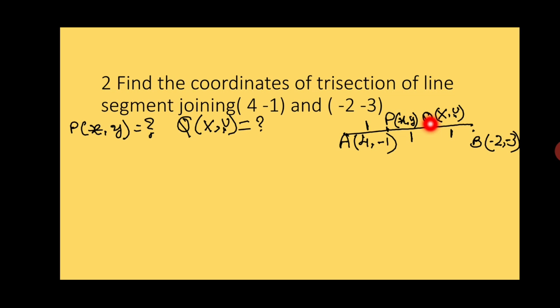Then can we find the coordinates of point P with the help of the section formula? Yes, we can. P x comma y is equal to m1 x2 plus m2 x1 divided by m1 plus m2, and m1 y2 plus m2 y1 divided by m1 plus m2. So use the formula and find it.